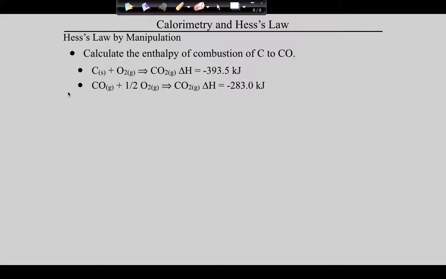I'm going to just write this down on a clean screen. It's going to make this easier to work. So here's what we've got. We've got our subject reaction, which is carbon plus 1/2 O2 yields carbon monoxide.